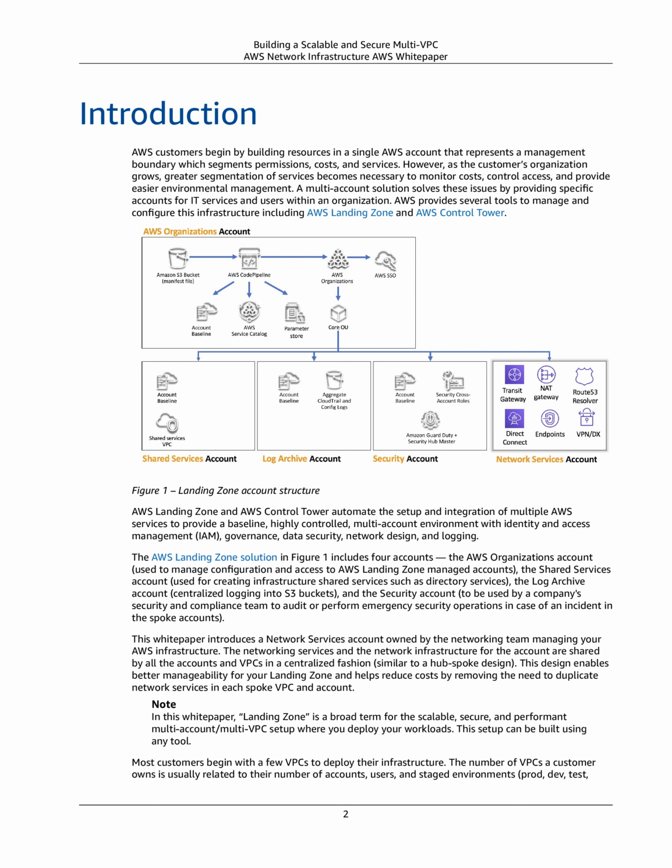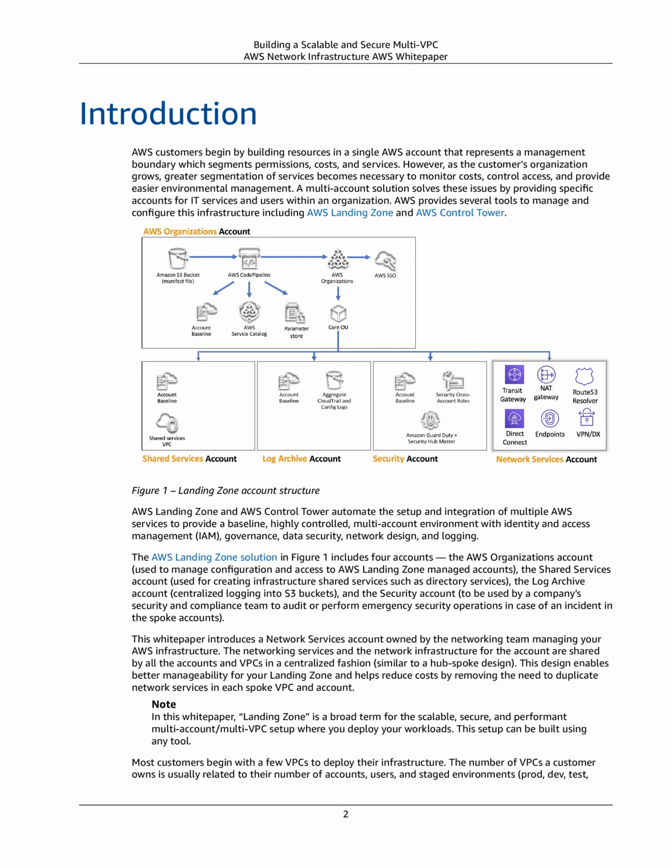AWS provides several tools to manage and configure this infrastructure, including AWS Landing Zone and AWS Control Tower. AWS Landing Zone and AWS Control Tower automate the setup and integration of multiple AWS services to provide a baseline, highly controlled, multi-account environment with identity and access management, IAM, governance, data security, network design, and logging.